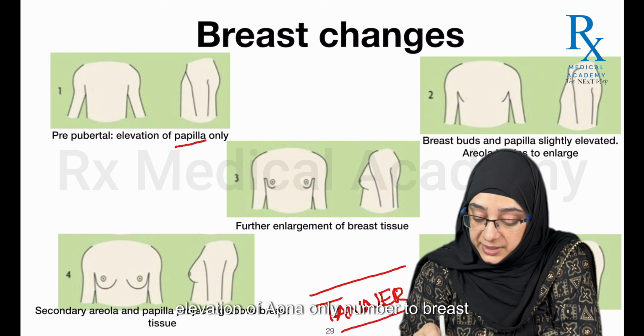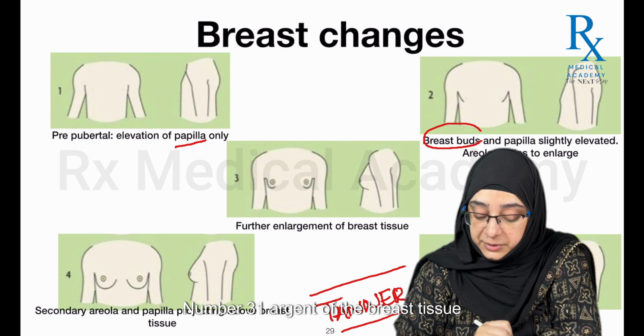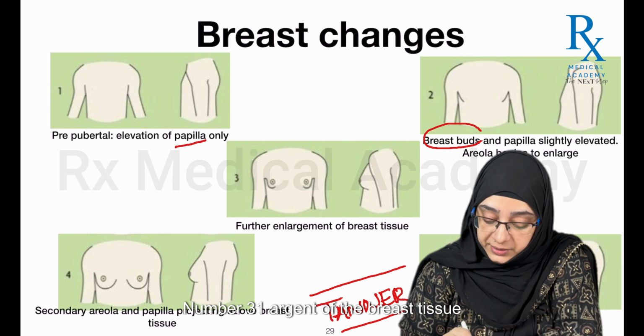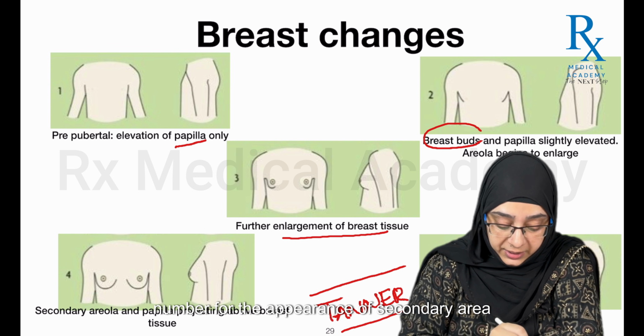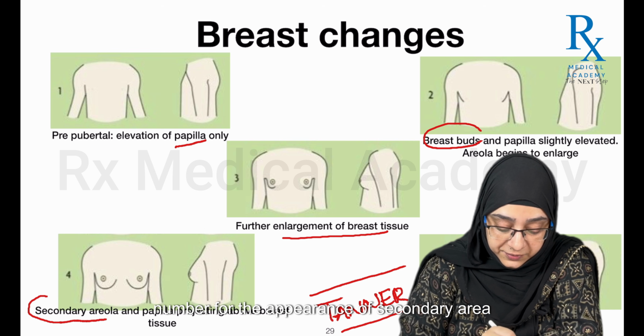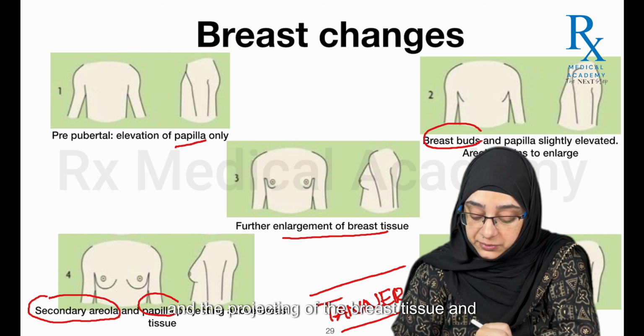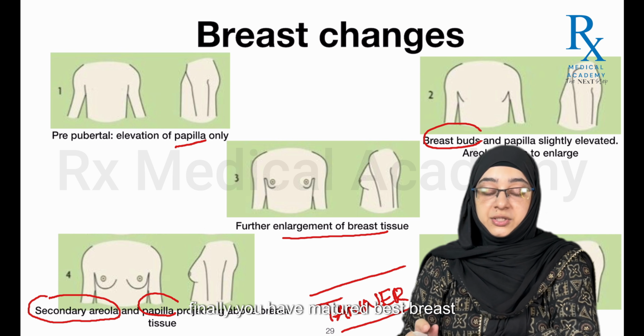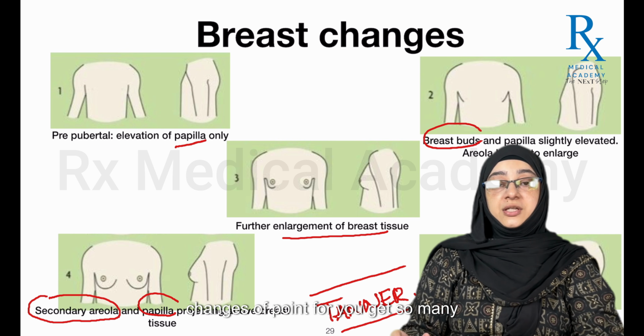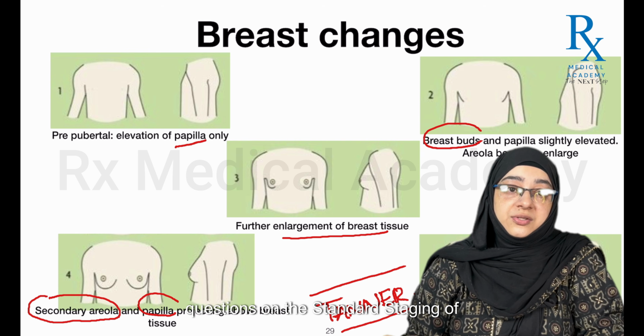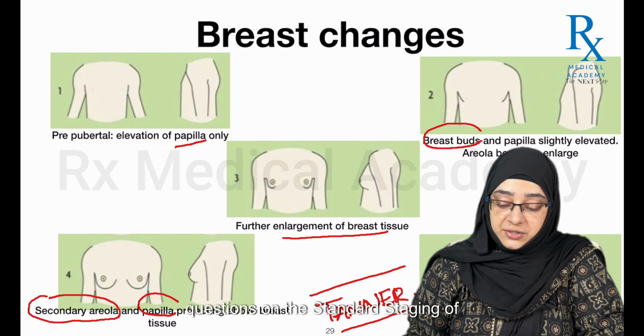Number 2, breast budding. Number 3, further enlargement of the breast tissue. Number 4, the appearance of the secondary areola and the papilla projecting above the breast tissue. And finally, you have the mature breast. These breast changes are so important. You get so many questions on the Tanner staging of the breast.